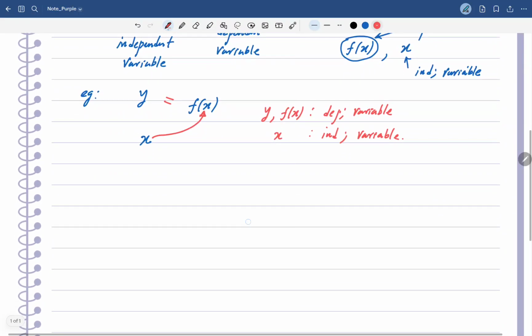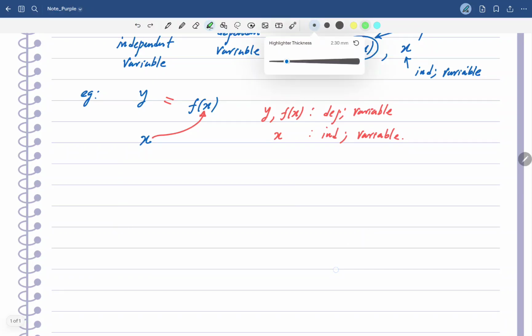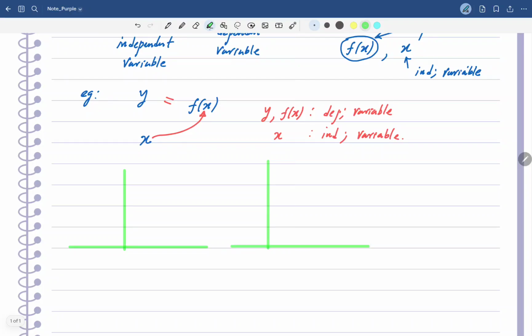In math, plotting is very important. So if you have a Cartesian plane here, your independent variable is x. Suppose your dependent variable is y.